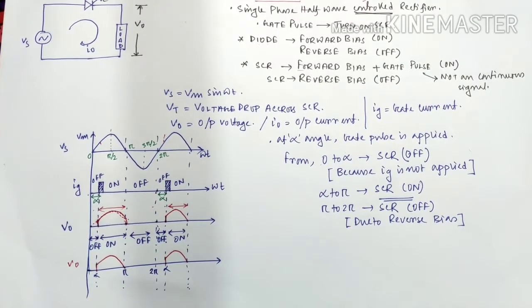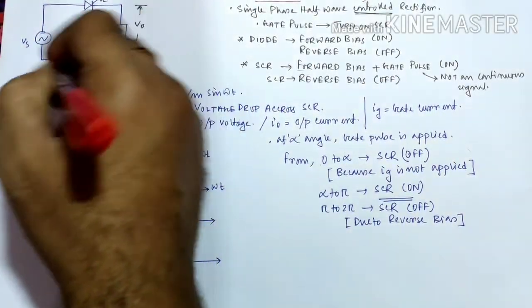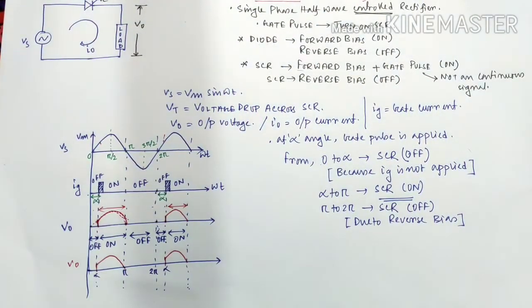Now V0 we get at that particular time when I0 amount of current is flowing. Now what should be the relation between V0 and I0? I should write here.